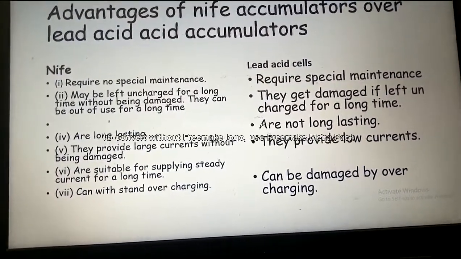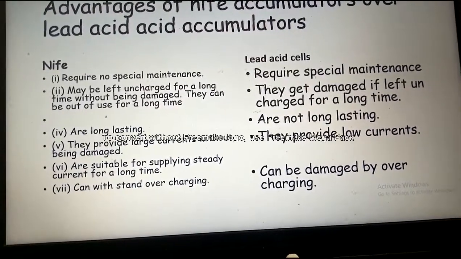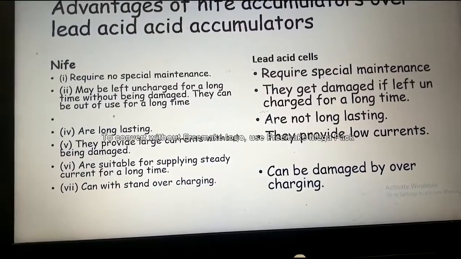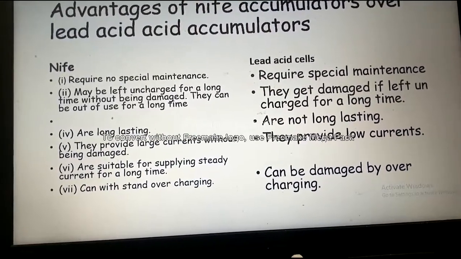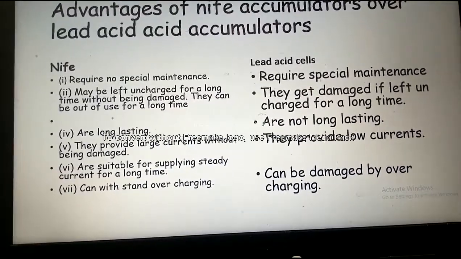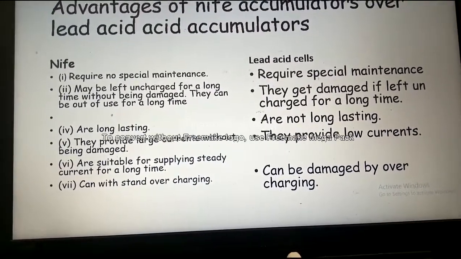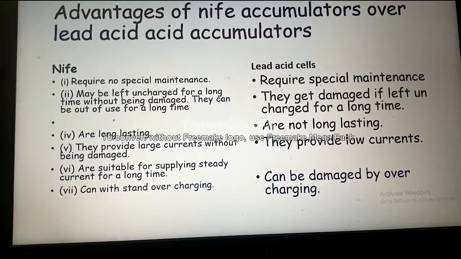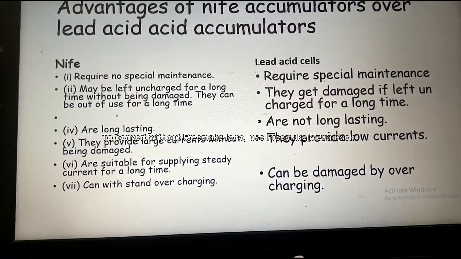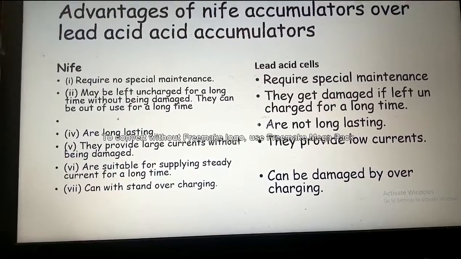In other words, they can be out of use for a very long period. Whereas lead acid accumulators get damaged if left in uncharged condition for a very long period of time. Then knife accumulators are long-lasting and durable, whereas lead acid accumulators are not so long-lasting.